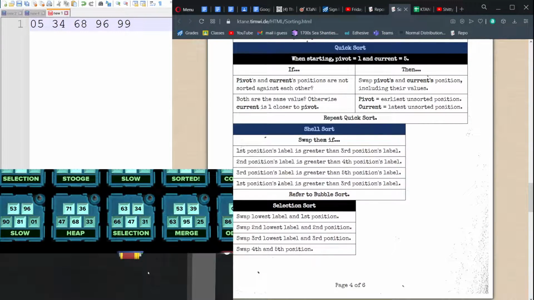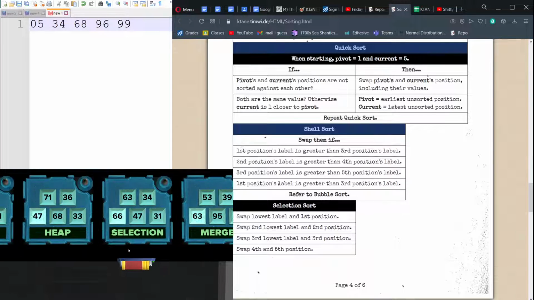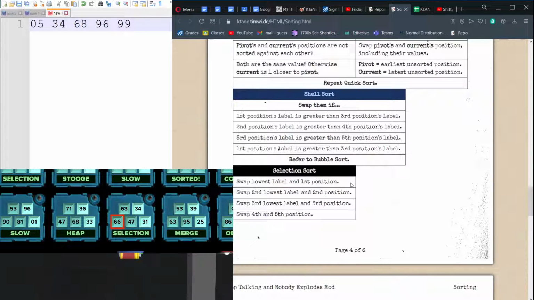Selection sort. What we do here is we're going to swap the... Okay, yep, I had to make sure that I actually continued recording. So what we're going to do in selection sort is, it's very simple. We are going to swap, well, yeah, it says it right here. We're going to swap the lowest label and the first position.